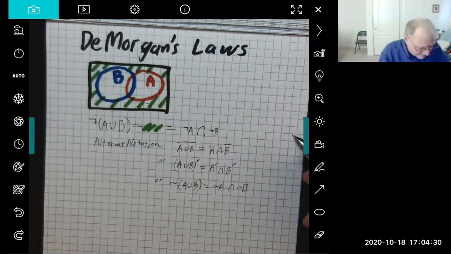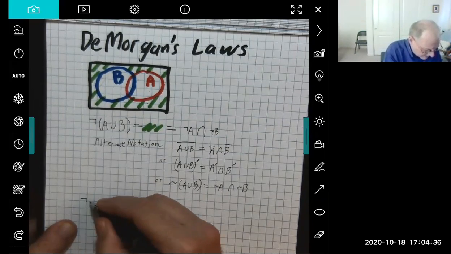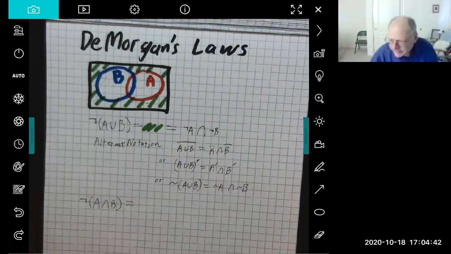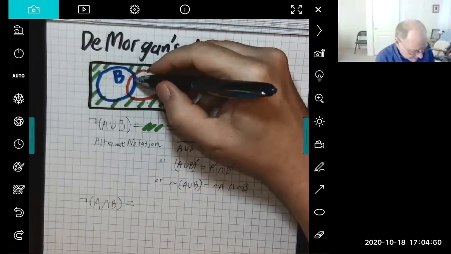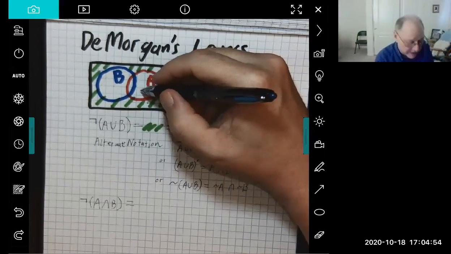So that's one of DeMorgan's laws. And then the other one is the complement of the intersection. Now the intersection is this little football in the middle. It's what A and B have in common with each other.